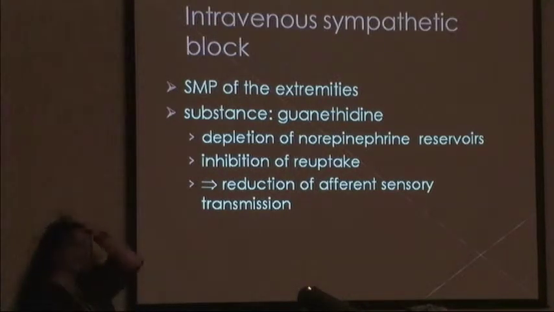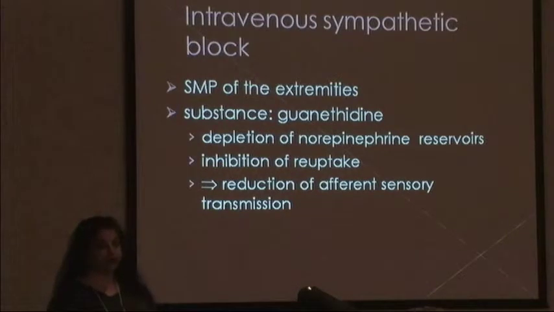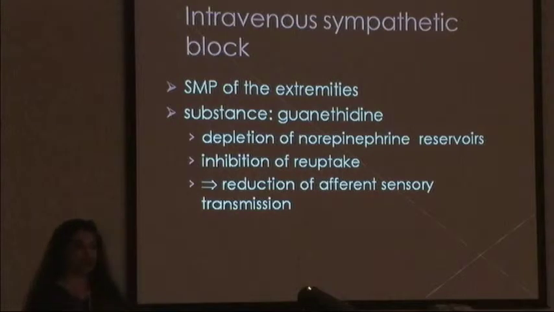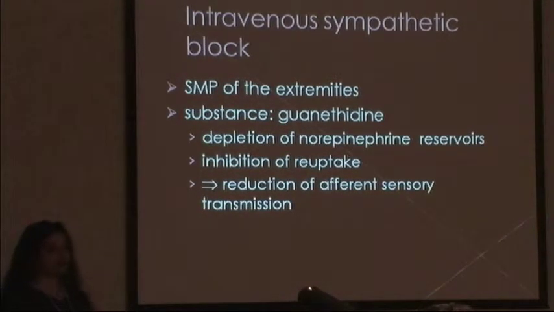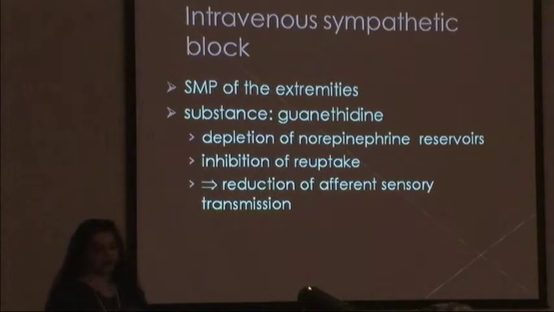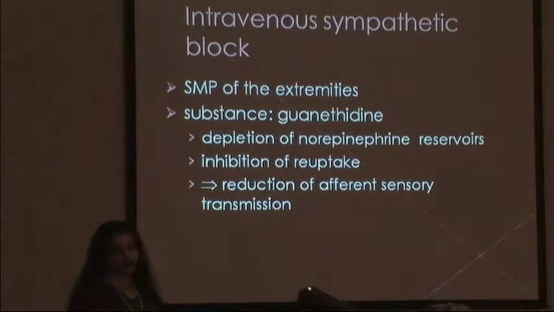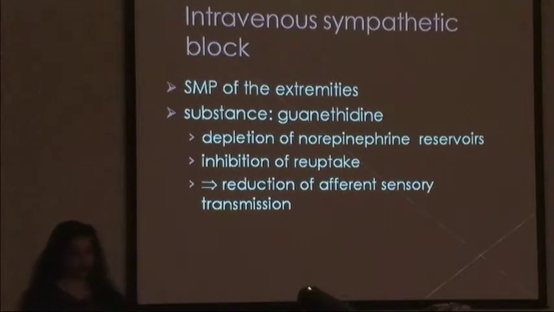Now, what came up first was intravenous sympathetic blocks. They have been used for sympathetically maintained pain of the extremities. You put on a blood pressure cuff and inject a substance into the extremity that's affected. And the substance that you are injecting depletes the norepinephrine reservoirs and inhibits the reuptake of norepinephrine.